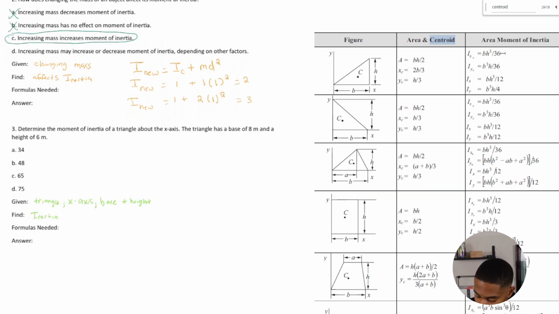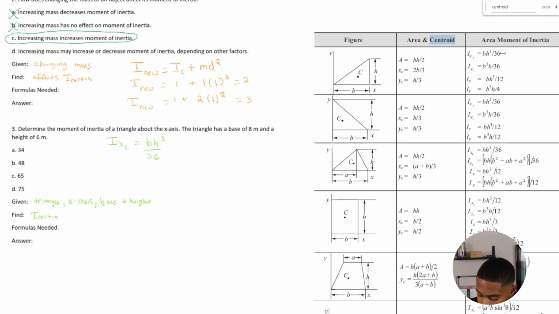So we know that our base, so I xc is going to equal base times height cubed divided by 36. Okay.